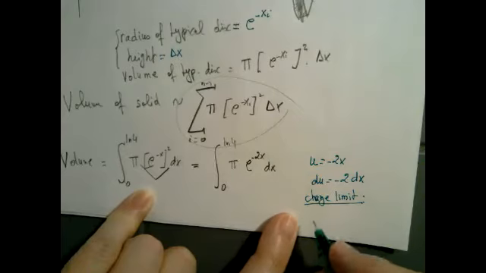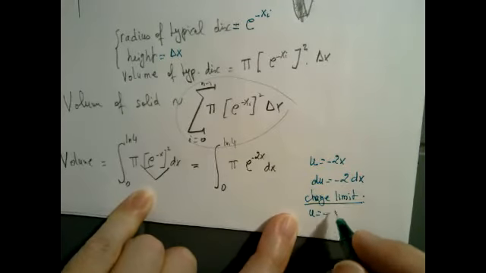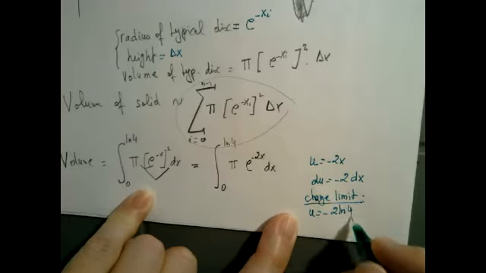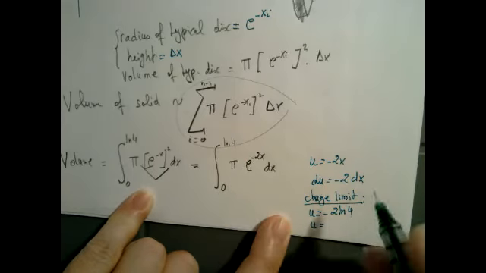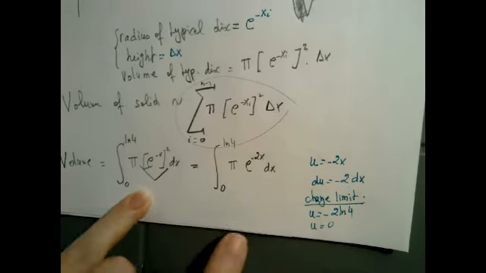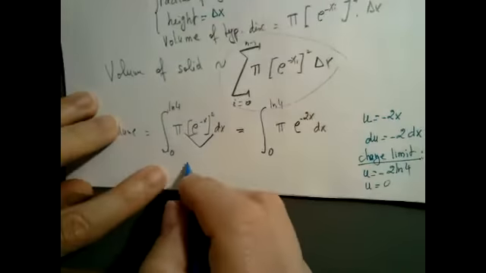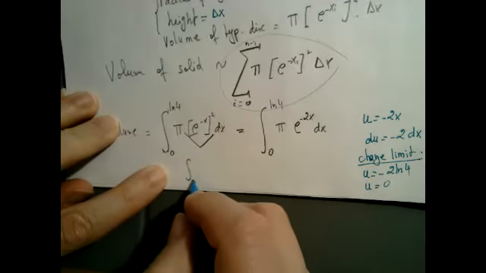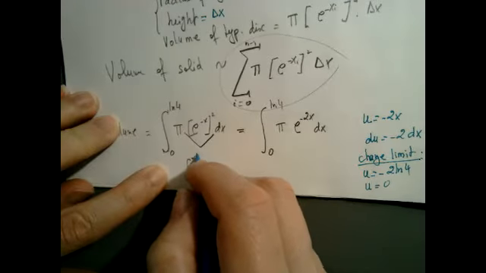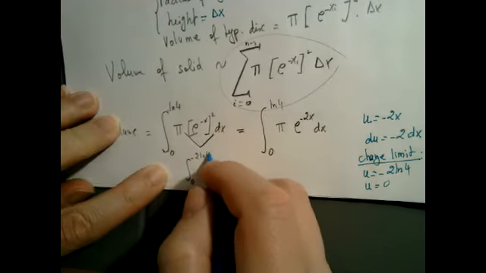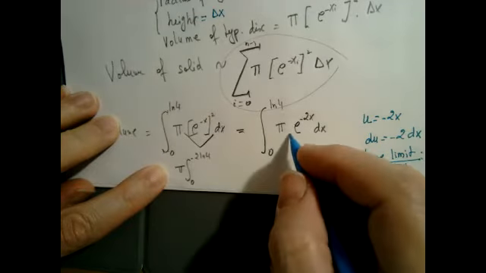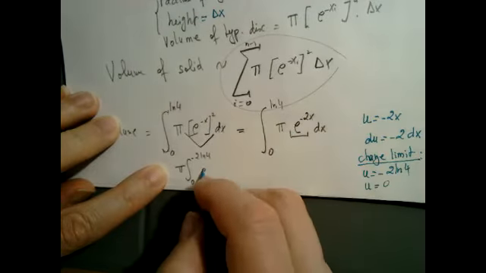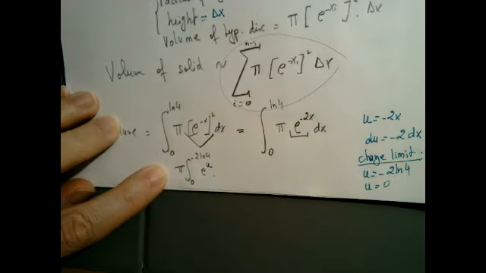I will have the upper limit is minus 2 ln of 4, and the lower limit, if x is 0, the lower limit will be 0. So finally, I will have the following. Integral from 0 to minus 2 ln of 4 of pi, which is a constant, I take it out. E to the minus 2x is e to the u.